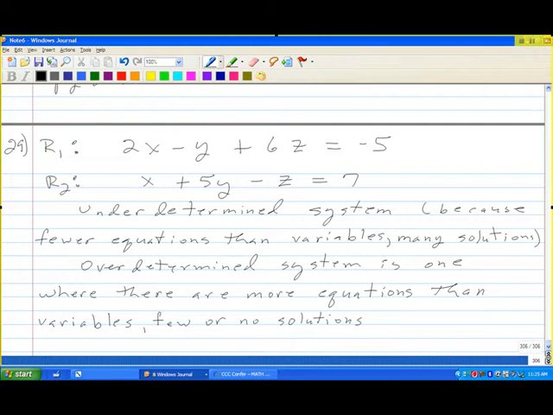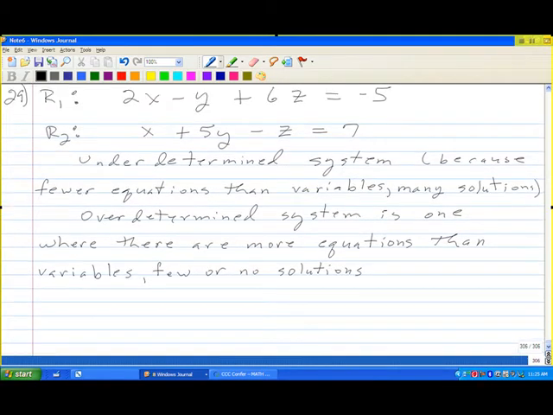Okay, so in this case, we have an underdetermined system, so we would expect an infinite number of solutions. Let's see if that's what happens. Let me try to eliminate y. I'll use the first and second equation to eliminate y.